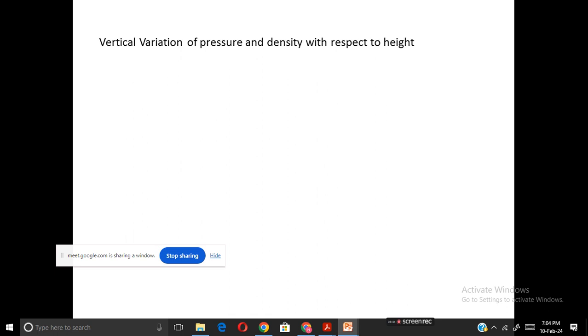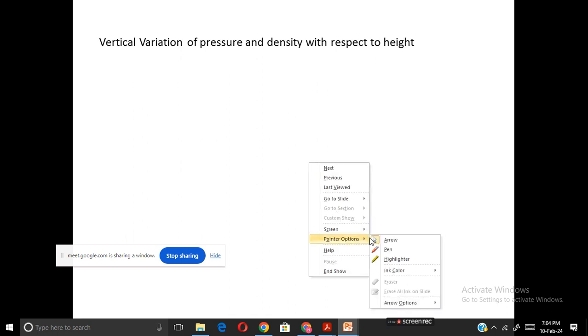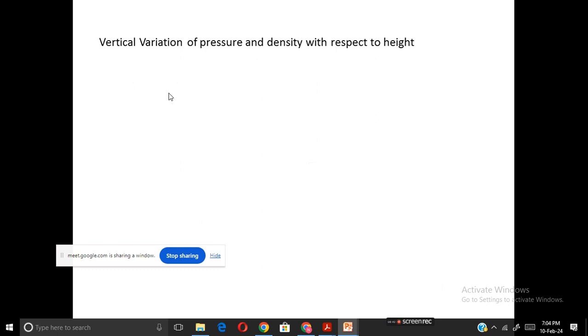Okay, just as a recap, as I told last class, we were learning the vertical variation of pressure and density with respect to height.